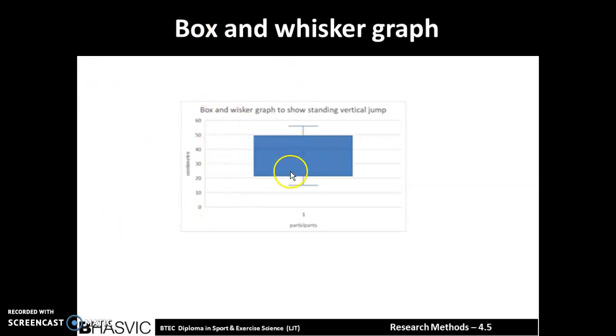For example, if this looks exactly the same, apart from this value is all the way down here, then that could be an outlier, or if this one is up to 500, but all the other results are at 50 to 20 or even 15.